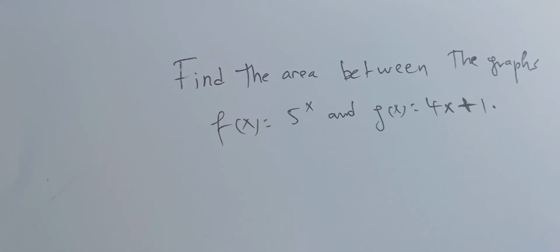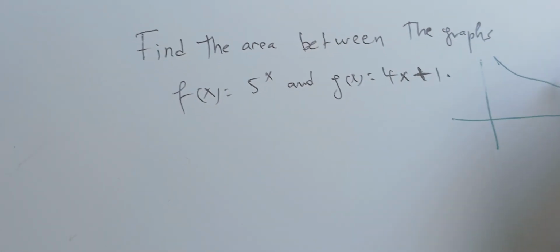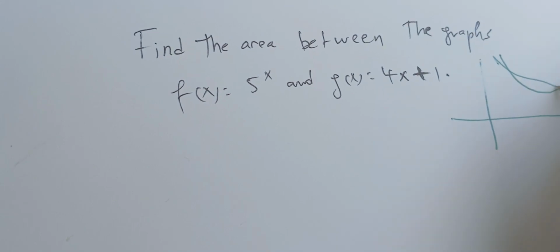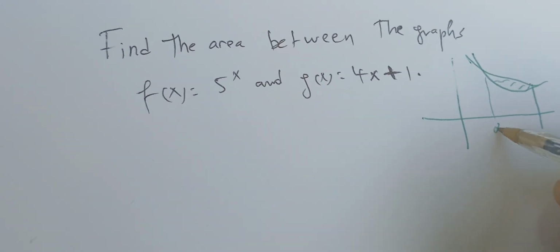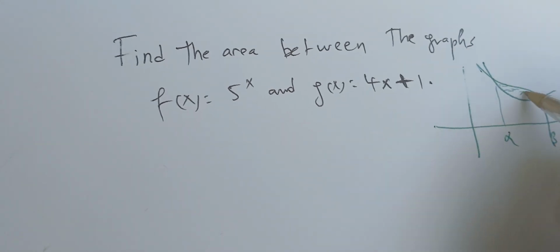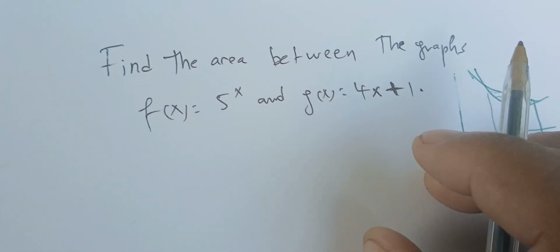Because in general, if we have two functions and we want to find the area, we need to find the points that we can use as our bounds for the integral.